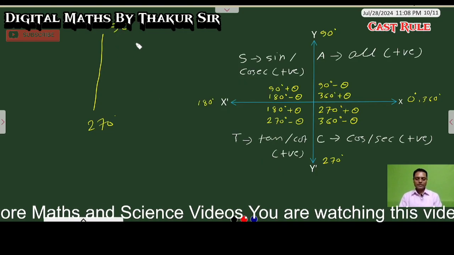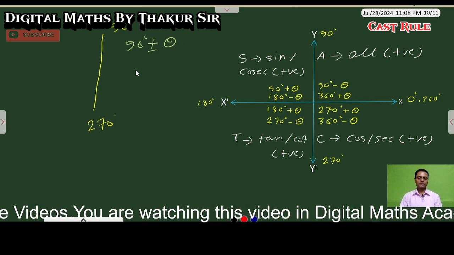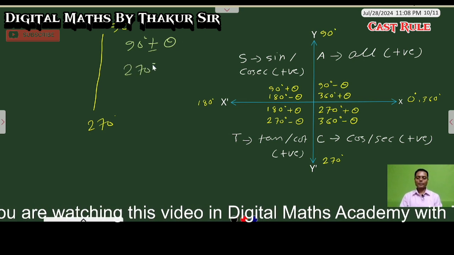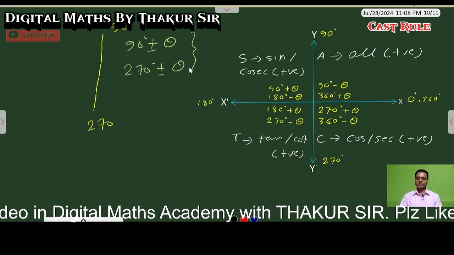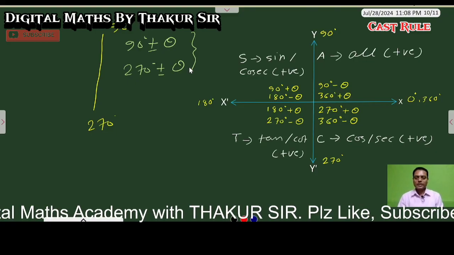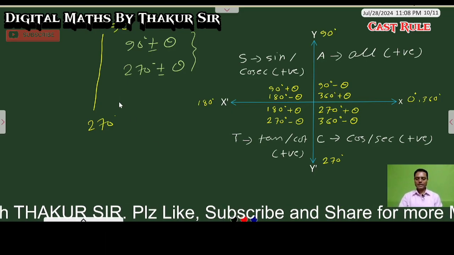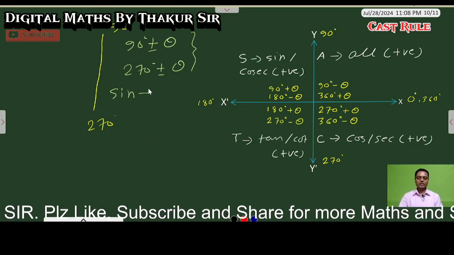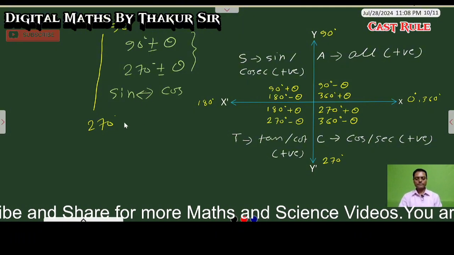In the vertical line, we see 90 degree plus or minus theta and 270 degree plus or minus theta. Under these cases, trigonometric ratios change. How do they change? Sine changes to cos and cos changes to sine.